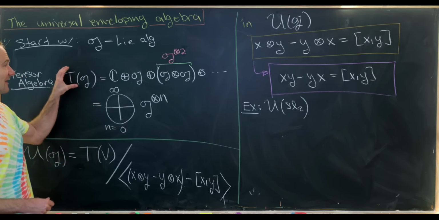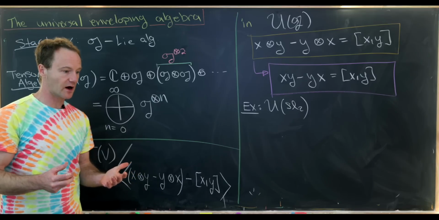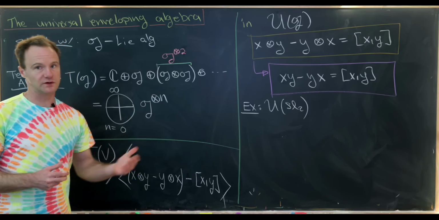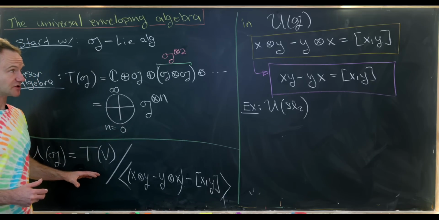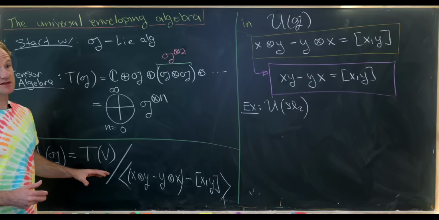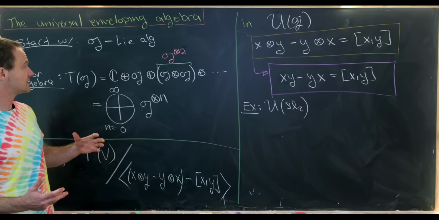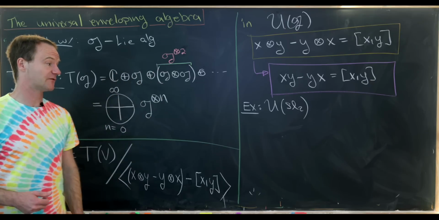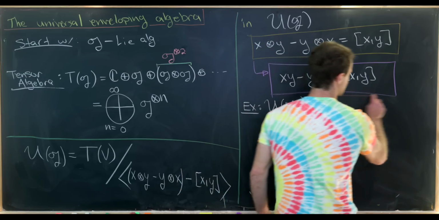In fact, at the level of the tensor algebra, this looks like polynomials where we have no rules for the commutativity. But down at the universal enveloping algebra, this in fact looks like polynomials where the commutativity is governed by the bracket from the Lie algebra. So let's maybe write that right here.